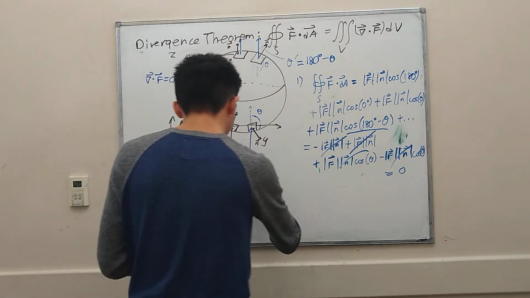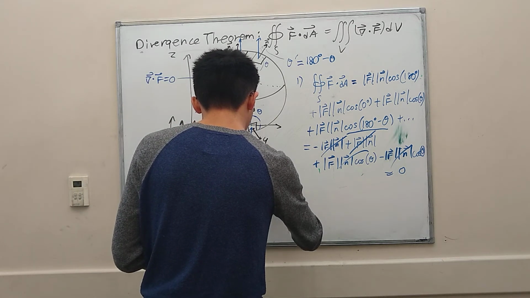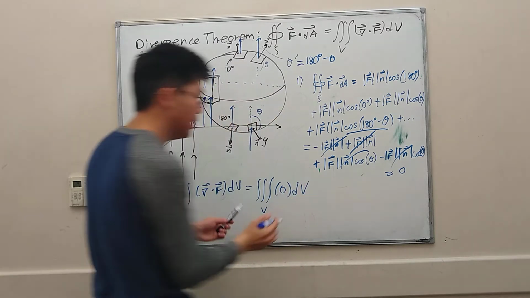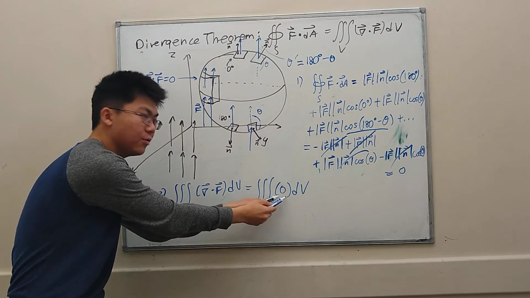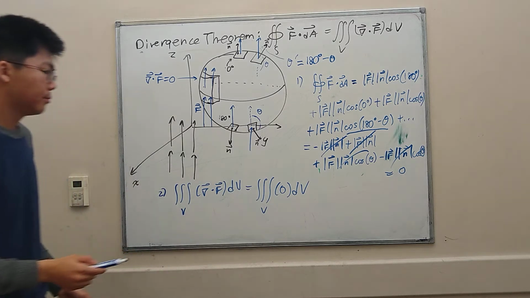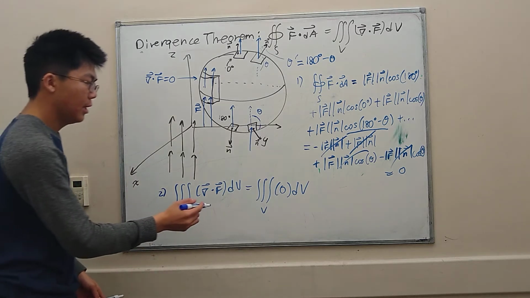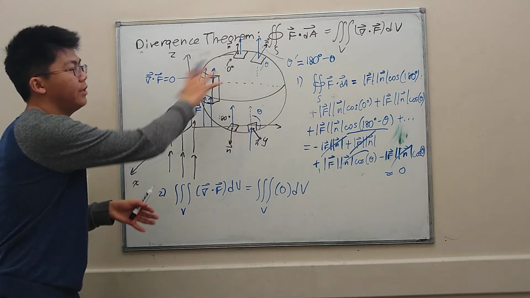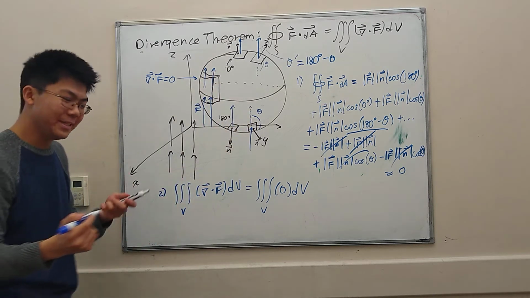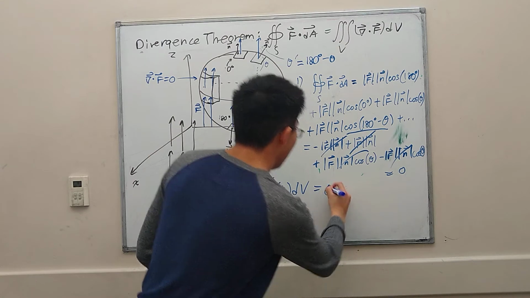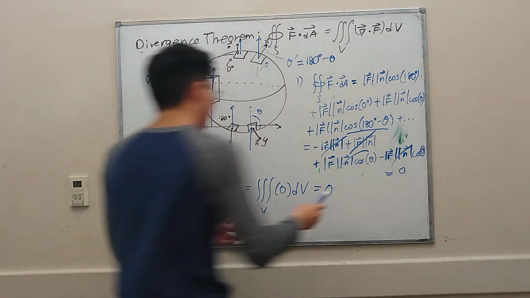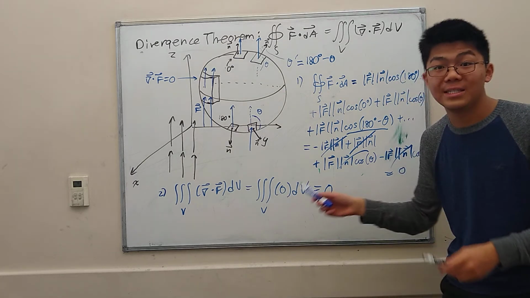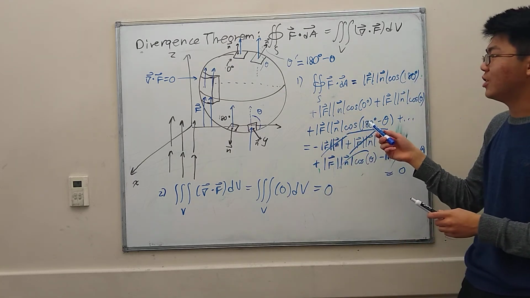That means the inner part, our integrand, is going to be 0. So when we integrate 0 all over the sphere, it's still going to be 0. And do you see? We end up with the same answer on both sides here, but using the second method, it's much faster than the first one.